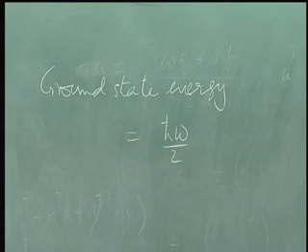Every mode contributes an energy h cross omega over 2. So every wave number contributes an energy h cross omega over 2. Two polarizations, the factor 2 goes away because there are two such contributions, and then you have to sum over all possible omegas, and that is infinite, because the number of k's is infinite. So the zero point energy of the electromagnetic field in a vacuum is formally infinite.